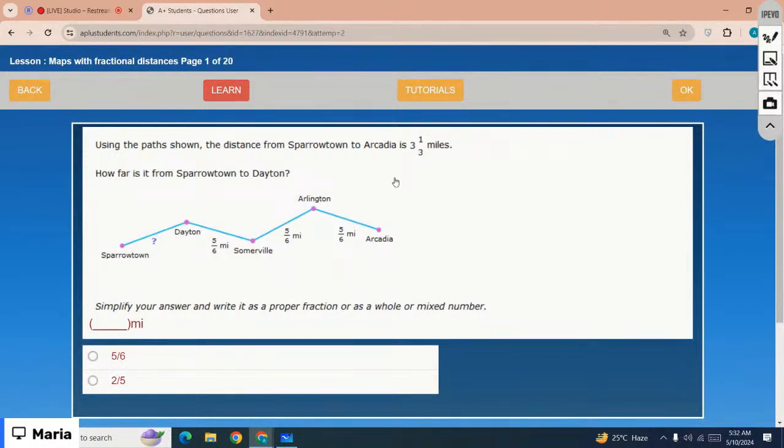Okay, using the path shown, the distance from Sparrow Town to Arcadia is 3 whole 1 by 3 miles. How far is it from Sparrow Town to Dayton?